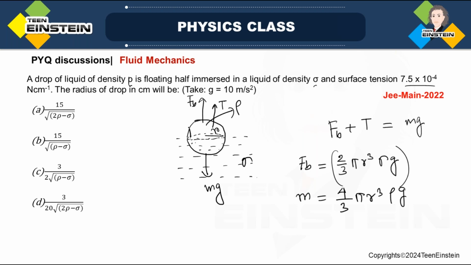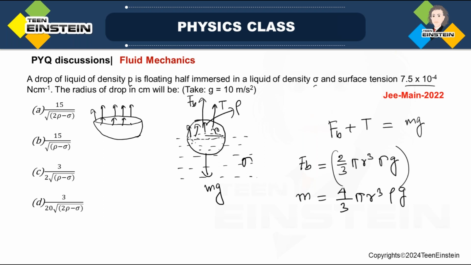Surface tension will act all the way like this. If you have a liquid drop in a hemispherical shape, surface tension will hold it up all the way through this perimeter. Okay, like this.